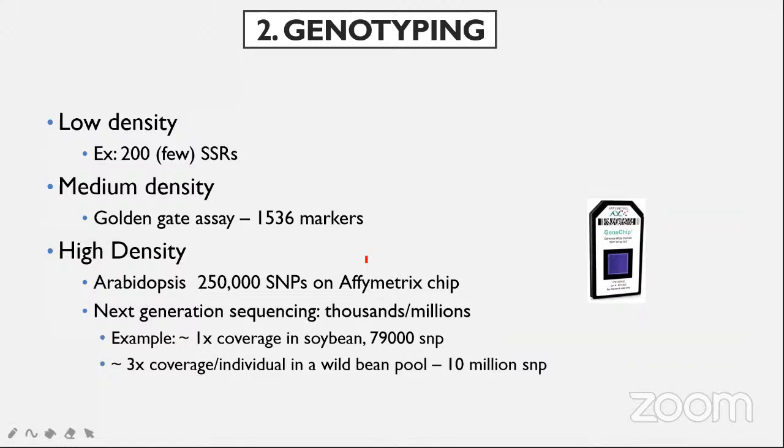And you have next generation sequencing, where you have thousands or millions. For example, in one of my works 5 years ago, when I did 1x coverage in soybean, I had about 79,000 SNPs. And when I did 3x coverage per individual in a wild bean pool, I had 10 million SNPs.